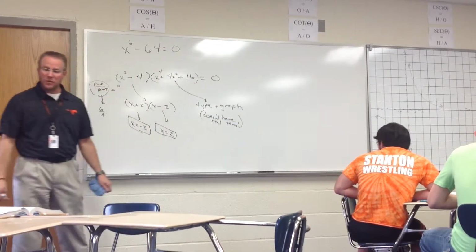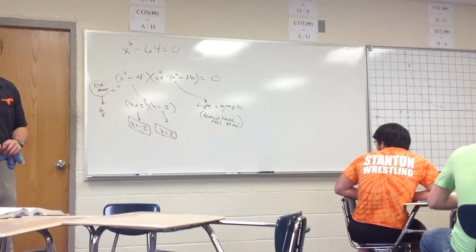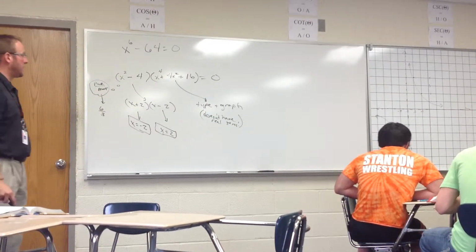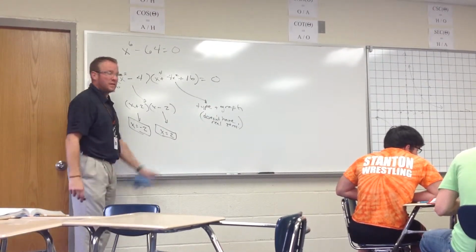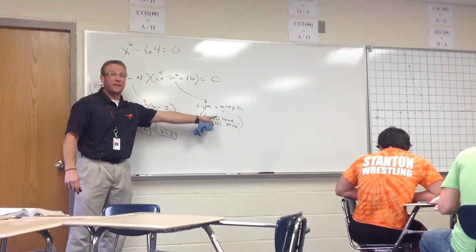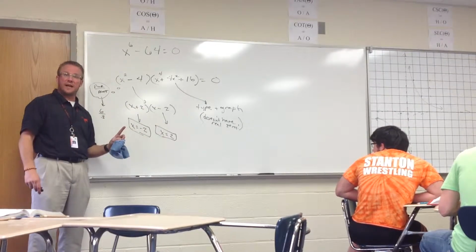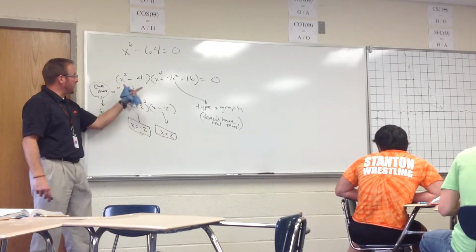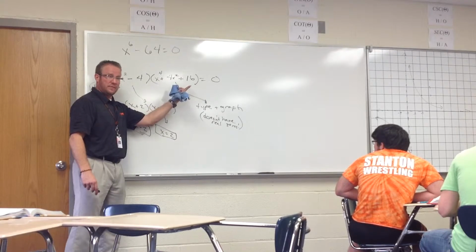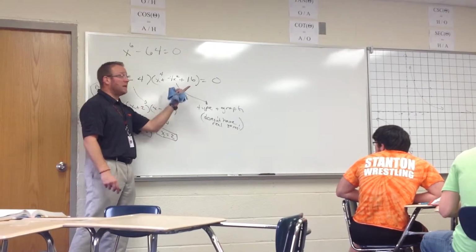So we found 2 zeros from our first factor and no zeros from the other. They would all be complex. 4 complex because the graph never hit the x. This graph would have hit the x twice, and we got them. So it's like you're doing a graph and another graph. Zeros, 2 of them. None of them.